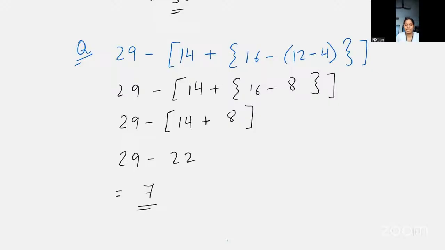Okay. Very simple. You just have to follow the brackets. First I did this bracket, then this bracket, then this bracket, and finally got the answer. Just like this you have to solve and you'll get the answer. It's simple.